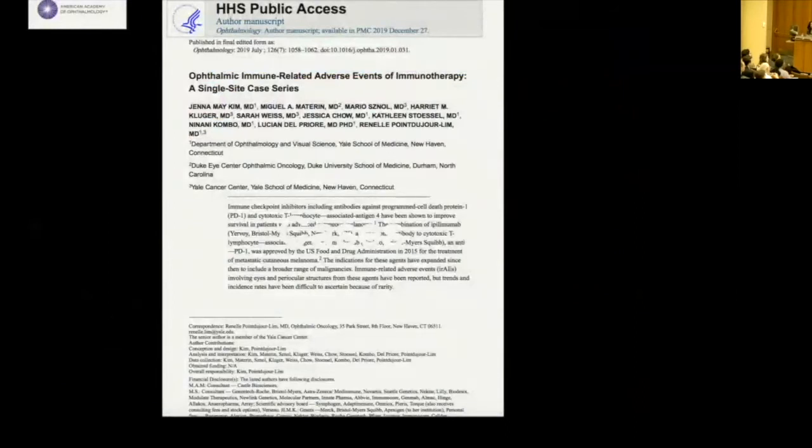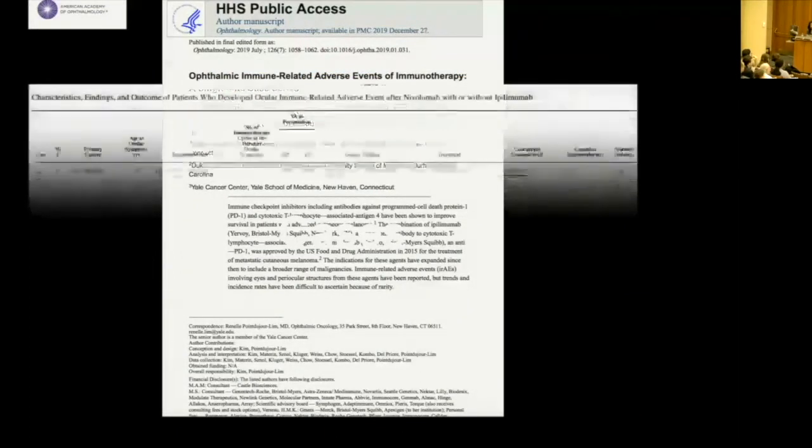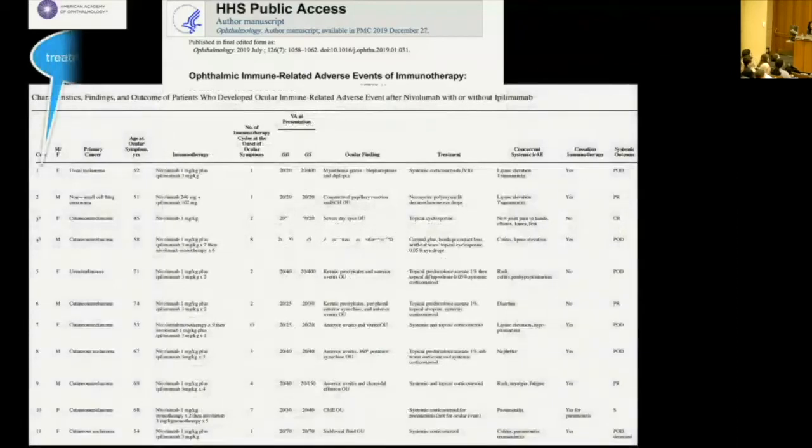We recently published our experience with immunotherapy and the ophthalmic immune-related adverse events. Because the use of immunotherapy continues to grow, the adverse events will expand. And it's important to be mindful that there are ophthalmic immune-related adverse events. We reviewed the charts of almost 1,500 patients, and 15 of them, or 1%, developed an ophthalmic immune-related adverse event.